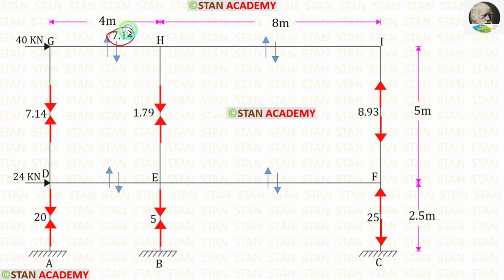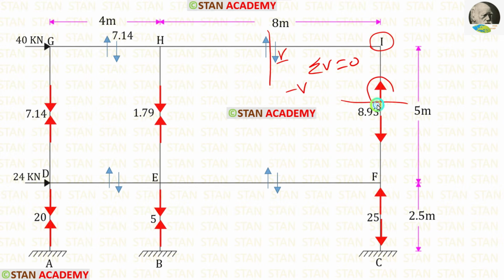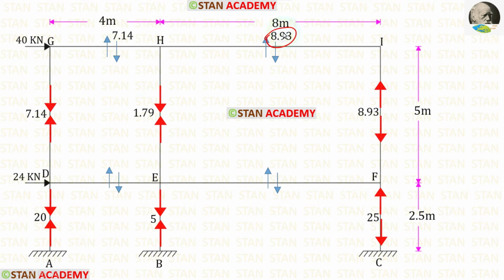Let us apply that. Let us take the joint I. Let us name the shear force as V. V is acting downwards, so that will be negative. This force is acting upwards, so that will be positive. Finally, for V, we will get 8.93. Let us apply that.